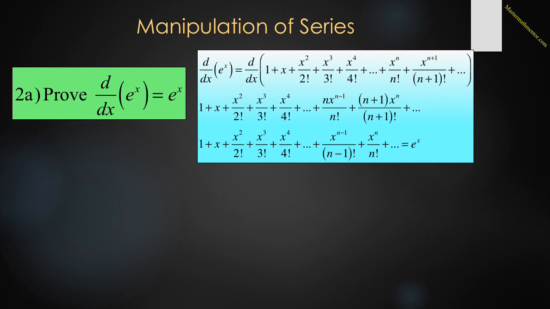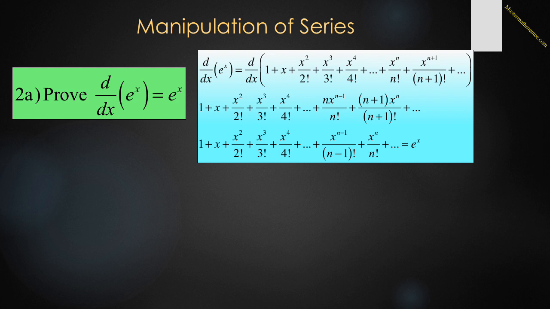When we do that, we get 1 plus x squared over 2 factorial plus x cubed over 3 factorial plus x to the 4th over 4 factorial plus n x to the n minus 1 over n factorial plus n plus 1 x to the n over n plus 1 factorial plus dot dot dot.